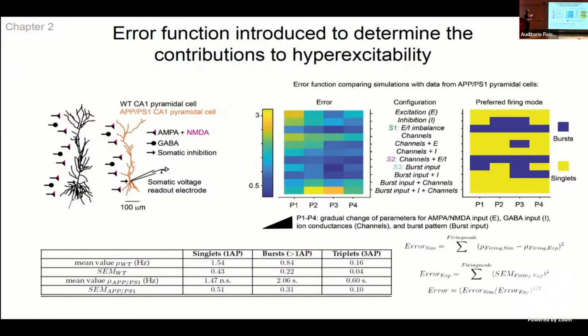In addition to this error function, we look at those errors that definitely show a change in the mode of the firing. The yellow shows mainly single spikes, and the blue shows mainly bursts. In combination with the error, because you can sometimes find a lower error but still have more single spikes than bursts, the error alone might not be enough. One has to have a look at it.